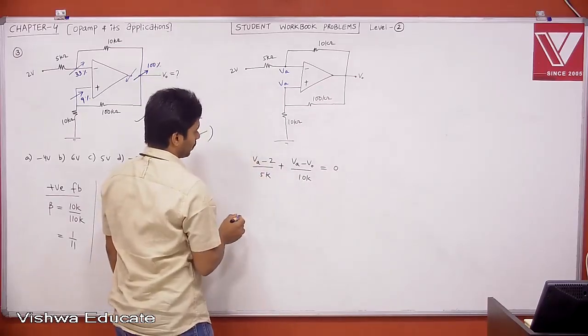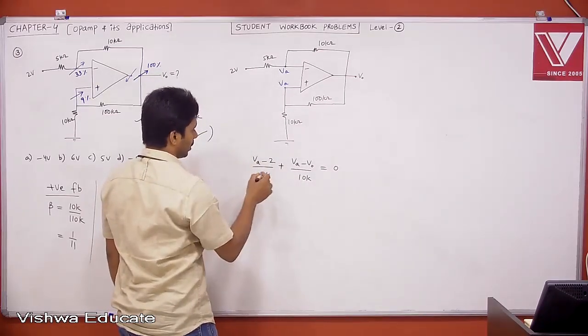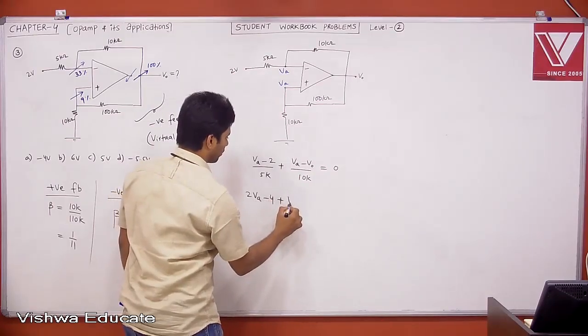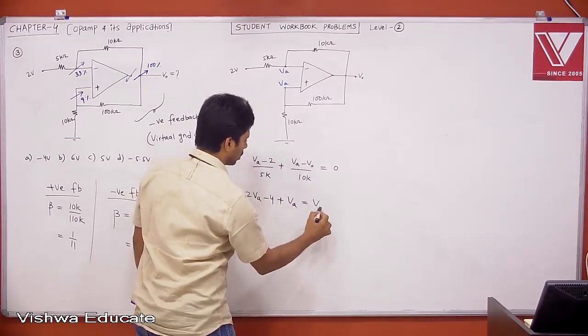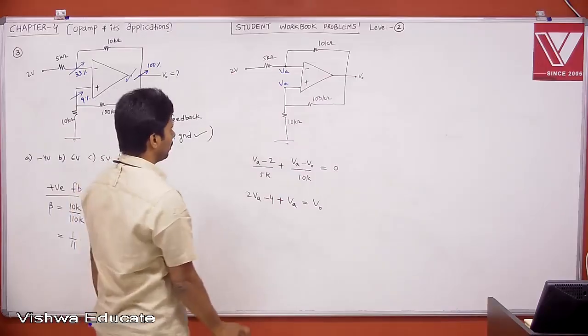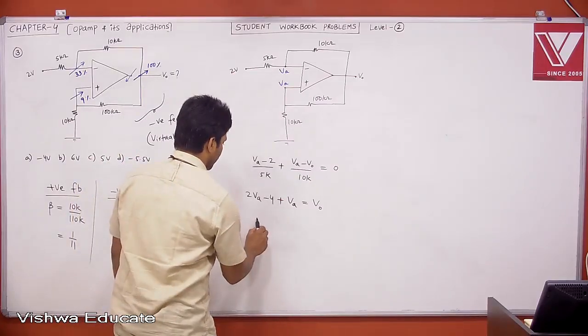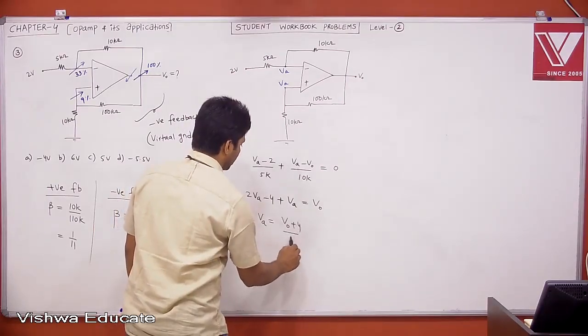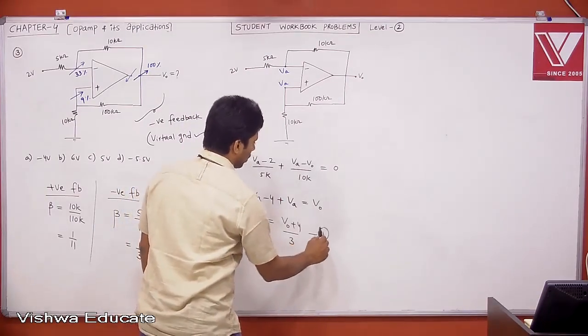Multiply with the 10K, then K will be cancelled: 2VA minus 4 plus VA is equal to V naught, right? Therefore, VA is nothing but (V naught plus 4) divided by 3. This is equation 1.